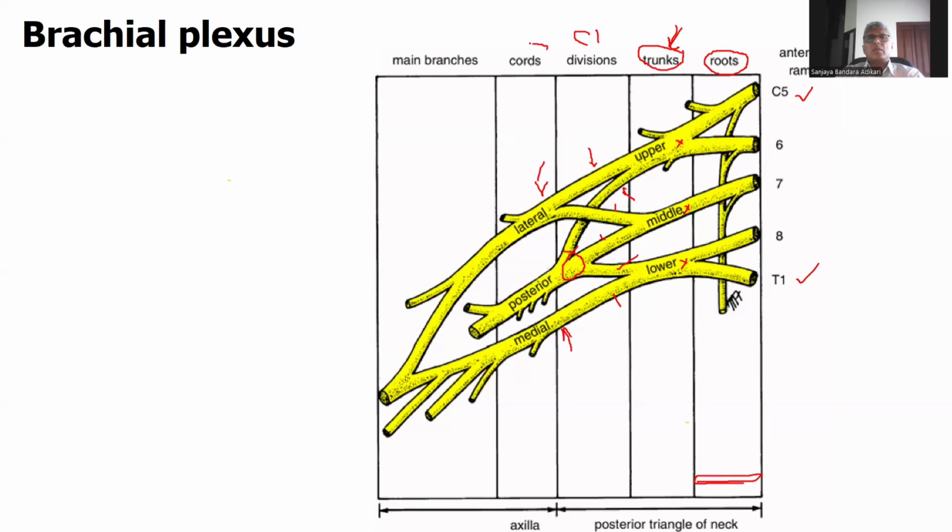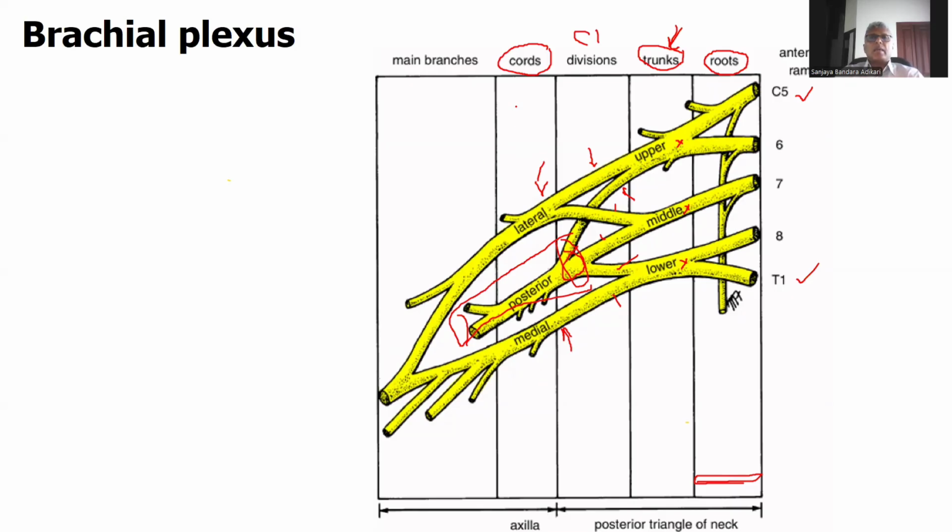Then the cords, lateral, medial, and posterior, are named based on their relationship to the axillary artery. The cord that is lateral to it is called the lateral cord, the cord posterior to it is the posterior cord, and the cord medial to it is the medial cord.